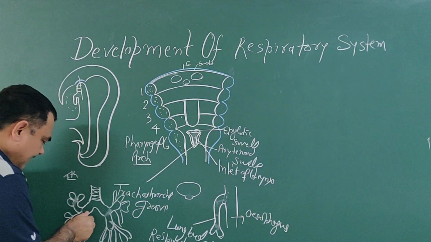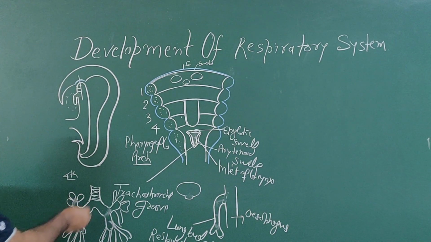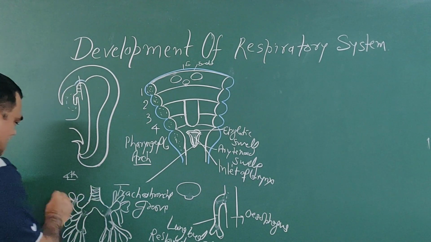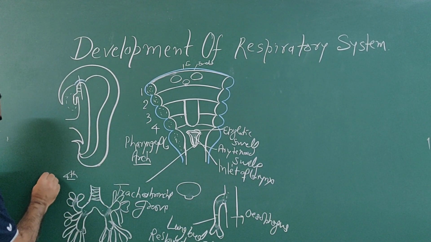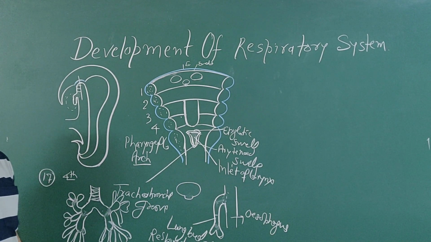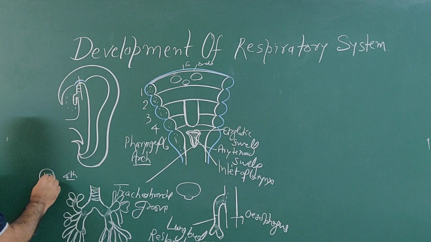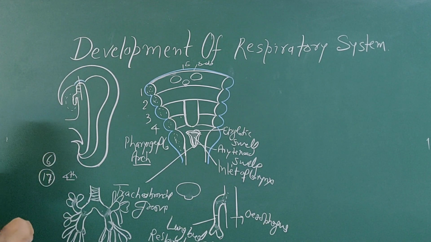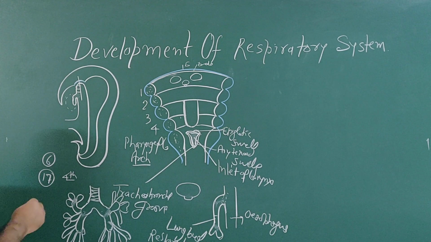During this developmental process, about 17 divisions occur during intrauterine life, and the rest 6 divisions occur after birth.